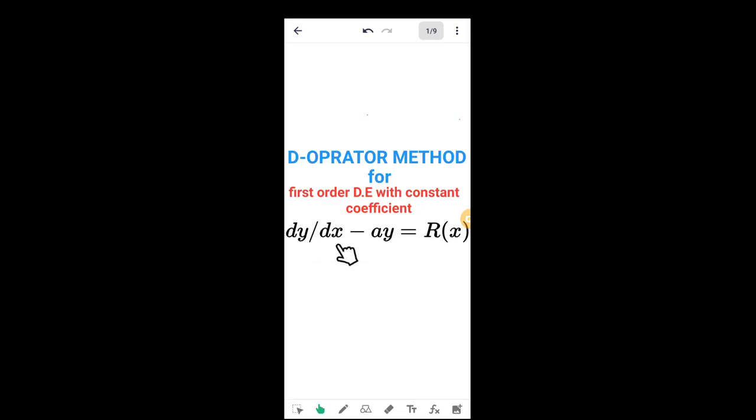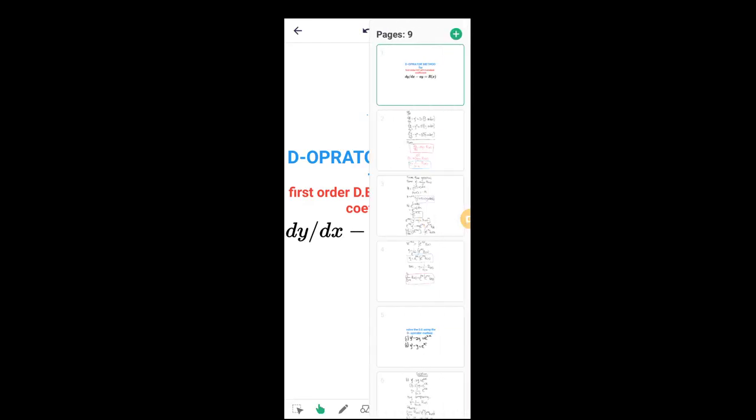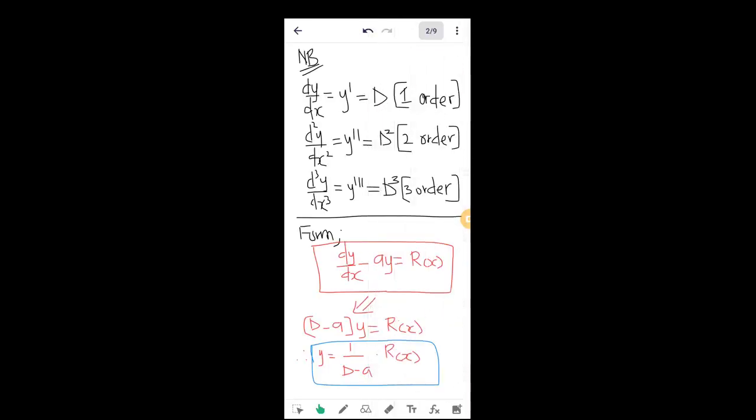So we can clearly see that this is a first order linear differential equation, but here it is with a constant coefficient. Okay, so the D operator method is applied here.